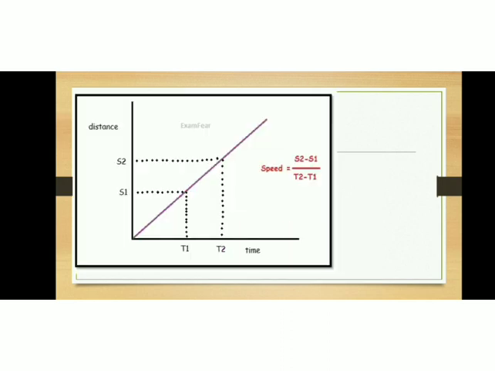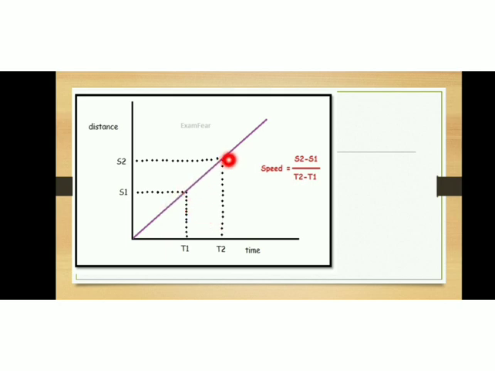Next, from the distance time graph of uniform motion, we can find out the quantity speed. And how is it possible? The slope of the distance time graph gives us speed. So how will you find out the slope? You can choose any 2 points on the graph, and from those 2 points you can draw 2 normals to the distance axis and 2 normals to the time axis.